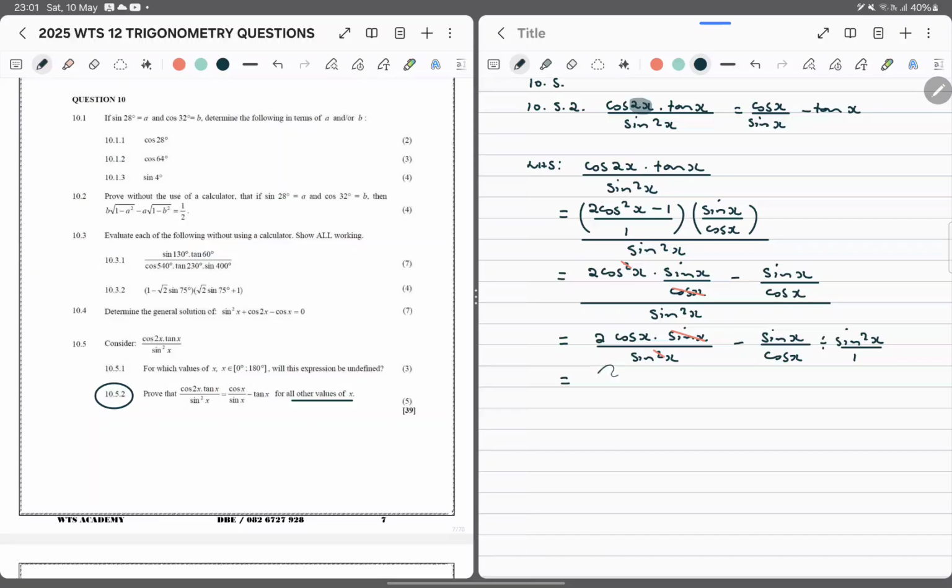So we have 2 cos x over sine x minus sine x over cos x times 1 over sine squared x, and that sine x takes the square.